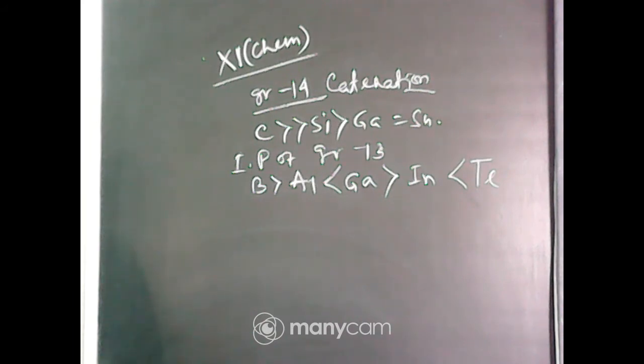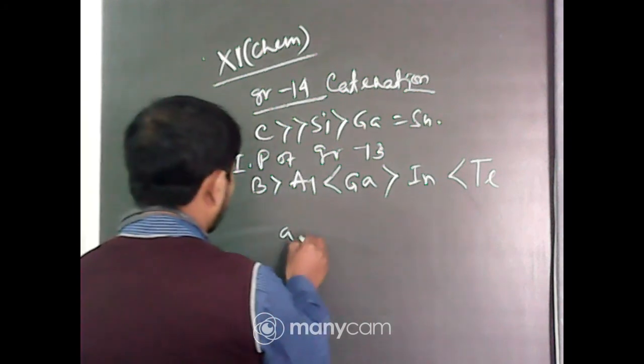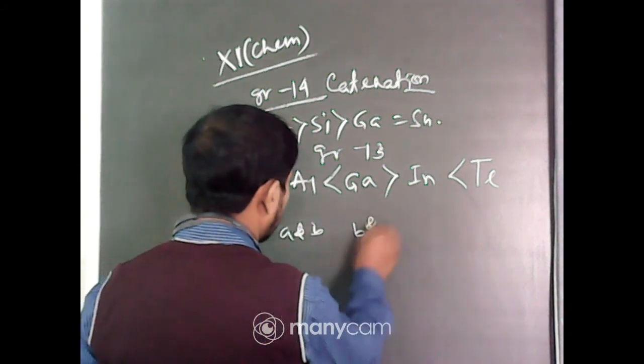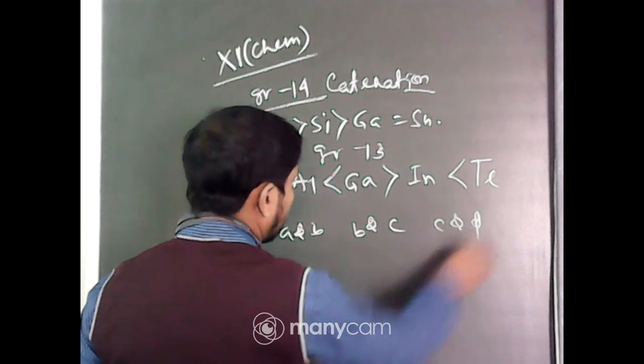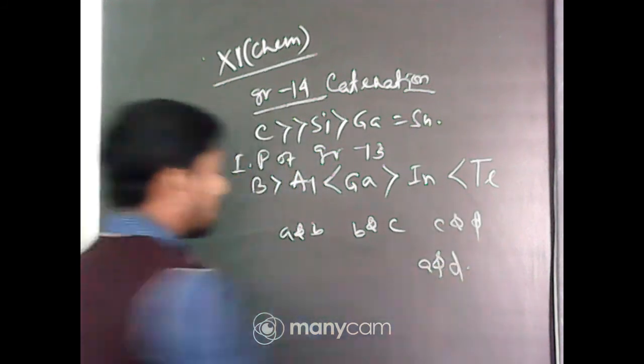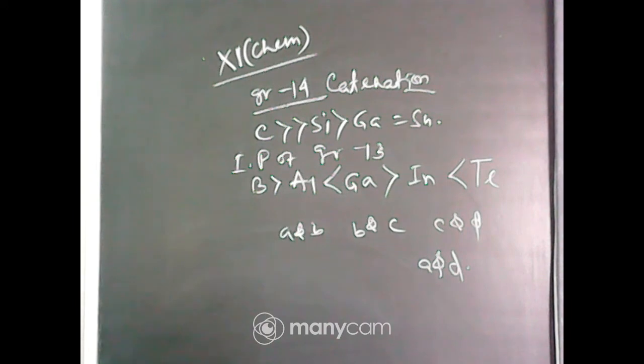Now the options are A and B, B and C, C and D, and A and D. Multiple correct type answer, more than one option correct. Here option A, poor shielding effect of d and f orbitals, is one correct one, and increase in nuclear charge. So these two are the correct ones. So the correct option is A and B.